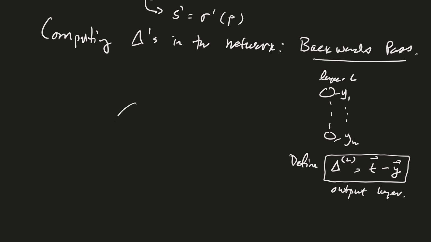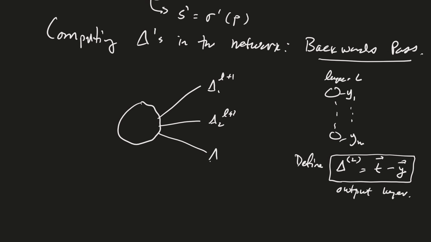And so the way to think about that is we're going to have some inputs here. And so this is going to be like delta 1 of layer L plus 1, delta 2 of L plus 1, delta 3 of L plus 1. We don't move the layers around there. There we go. And so this is W what and W what and W what.